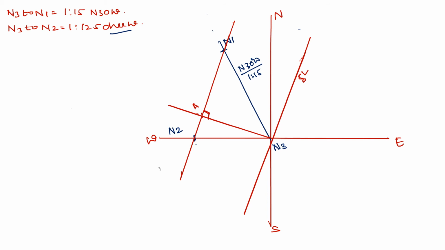Now you measure the distance N3 to A, and you will get the true dip amount, somewhere around 1:11.8. Then you measure this angle, and that comes around north 68 west.